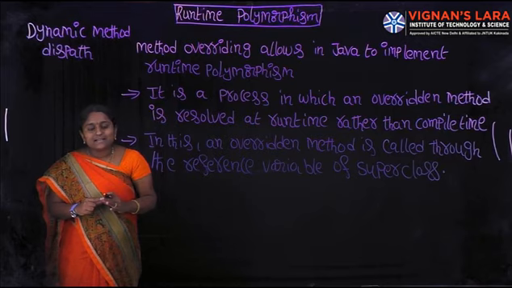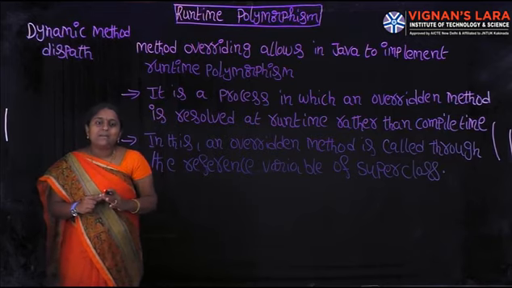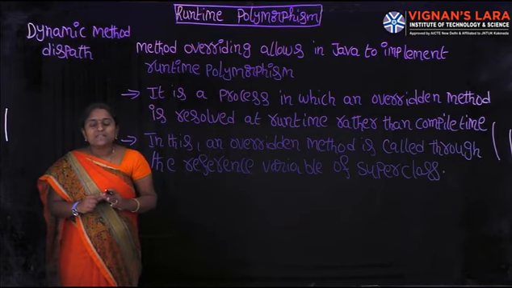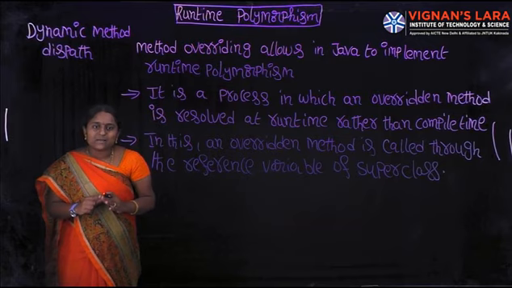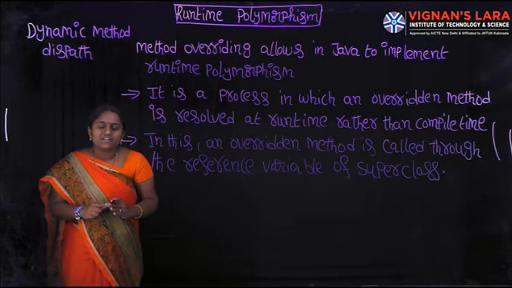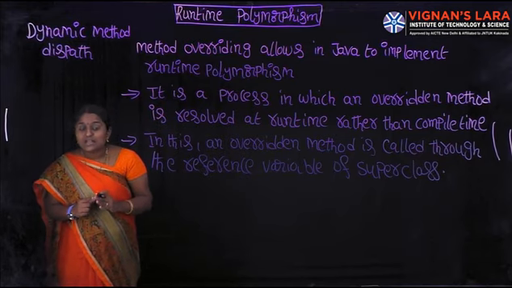But at runtime, JVM checks whether the methods participated in method overriding or not. If the methods participated in method overriding, JVM will give preference to the subclass method.